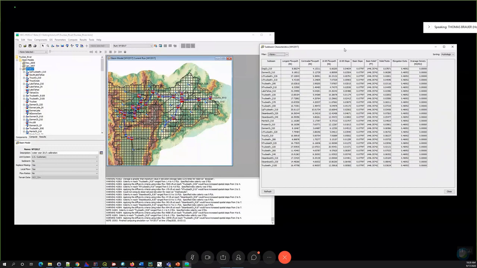We have subbasin characteristics, and so I just showed the expression calculator, which references these characteristics. Well, it'll be in the 4.7 beta release. It's soon to hit the streets, but we've implemented statistics or characteristics for the subbasin, everything you see here: longest flow path, some slopes, relief, things like that.